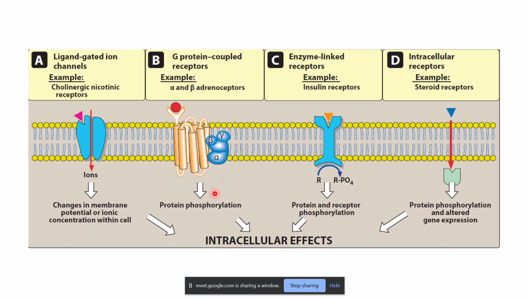The most commonly activated effector is adenylate cyclase, an enzyme which produces the second messenger cyclic adenosine monophosphate. Also phospholipase C generates two other second messengers, inositol triphosphate and diacylglycerol.